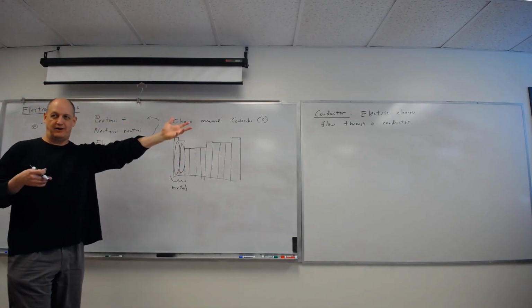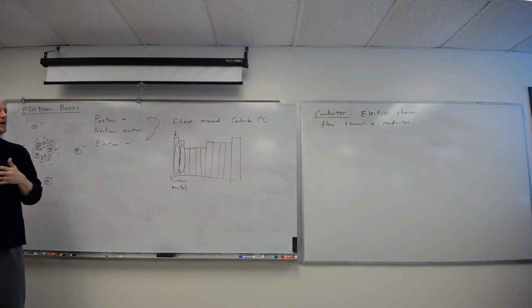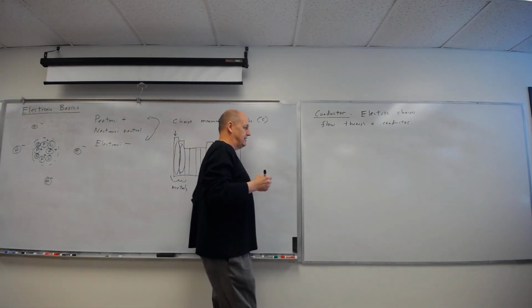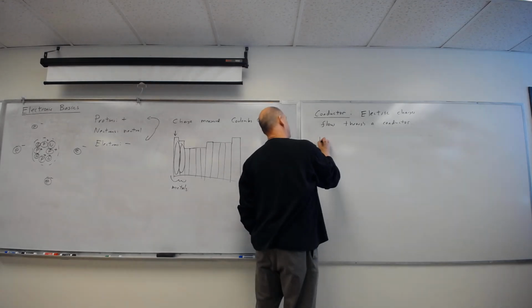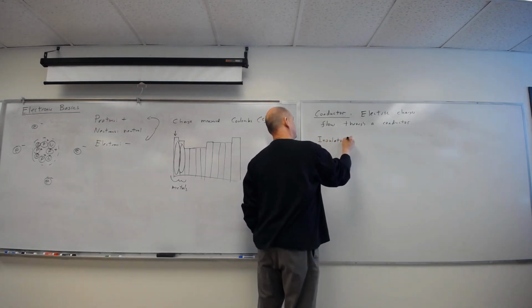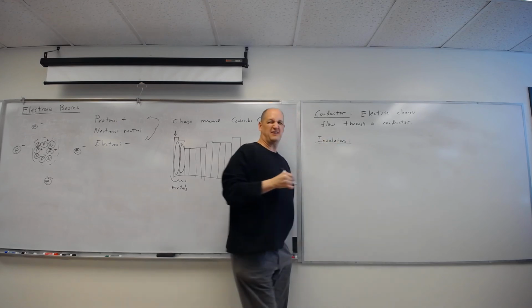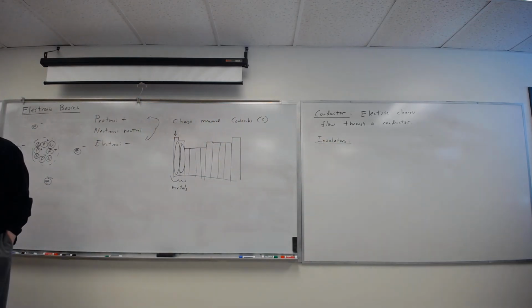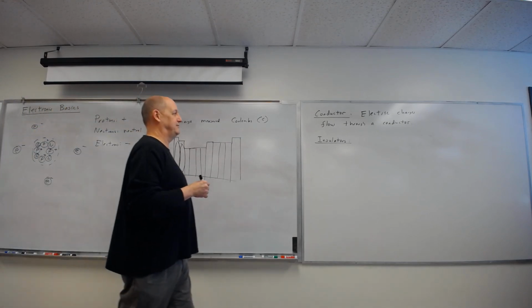They allow electrons to flow through them readily. There will then be a list of everything else. There are some things that are quite either one, but as a whole, most things are conductors or insulators. Insulators. What do insulators do?